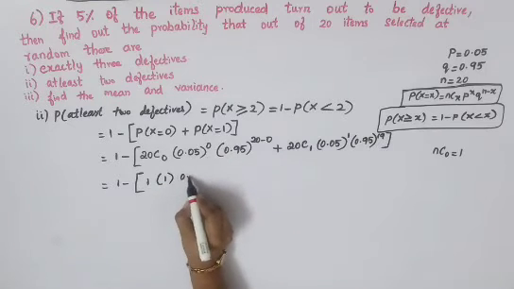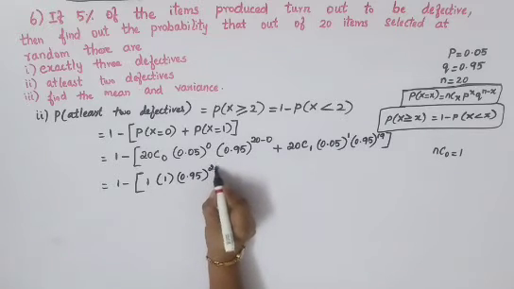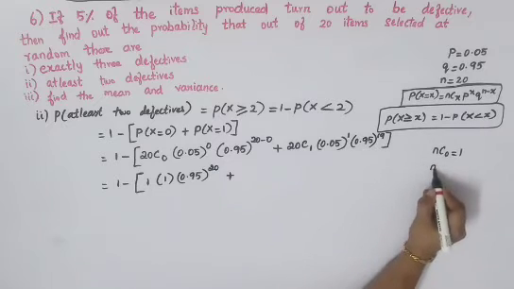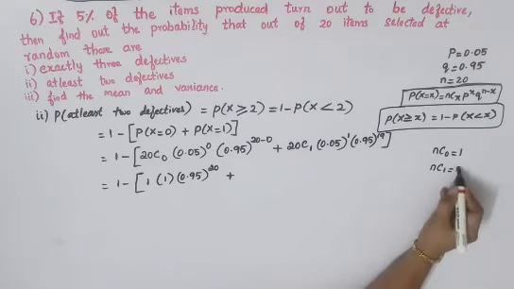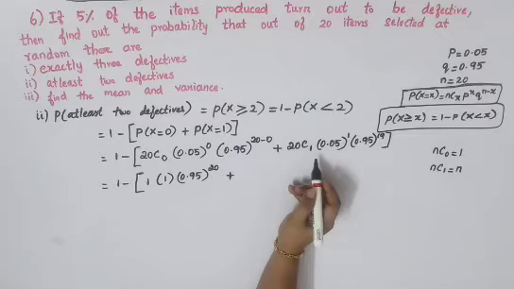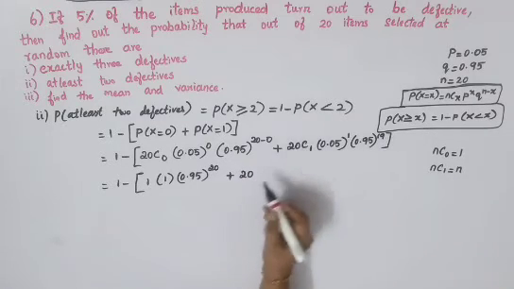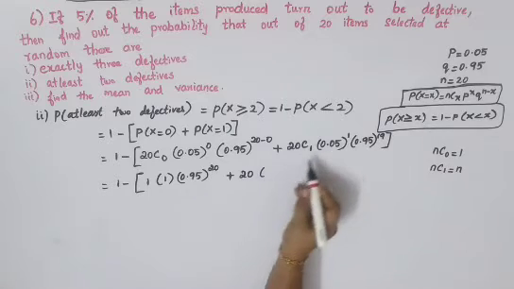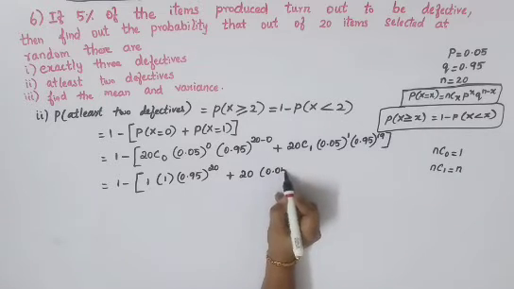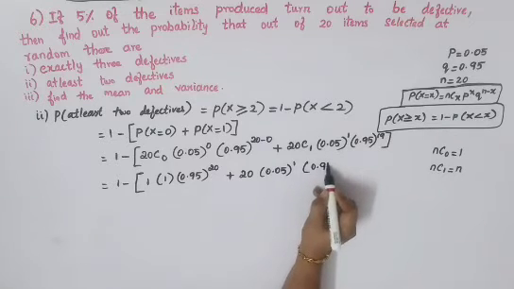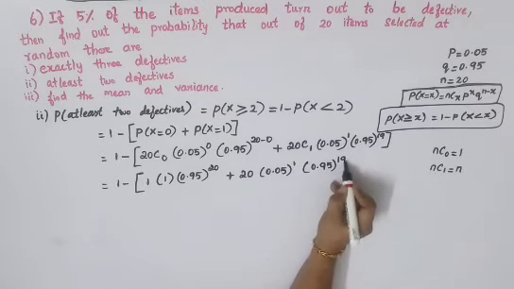And this is 0.95, the whole power 20 minus 0 will get 20, plus 20C1, again one more formula, nC1 is equal to n. So 20C1 you can write 20 because n is 20. So 20 into 0.05, the whole power 1, into 0.95, the whole power 19.